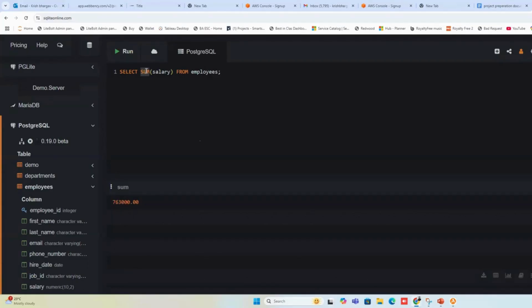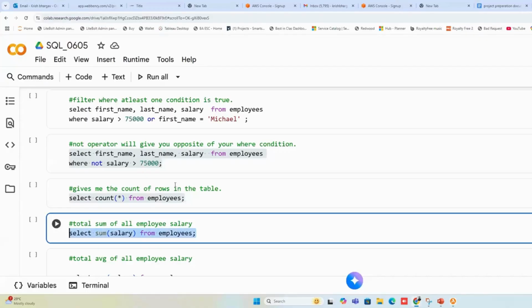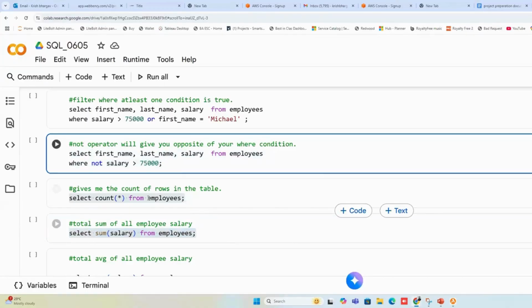These are aggregation functions: count, max, min, sum, average. Then we have average salary as well. It gives me the average of the entire salary column. It'll add and divide by the total number of salaries.